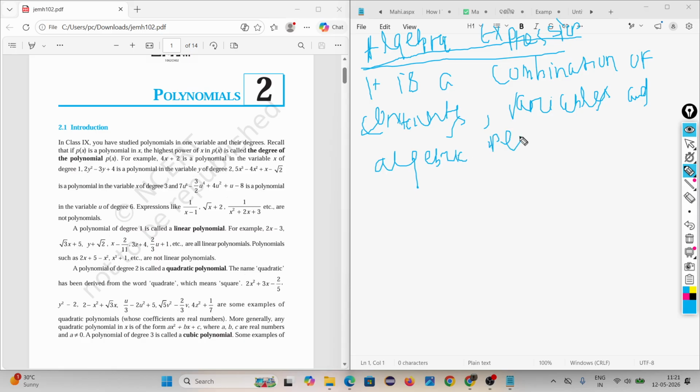Algebraic operations are nothing but plus, minus, and multiply.